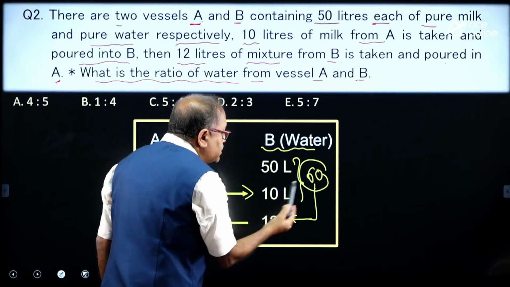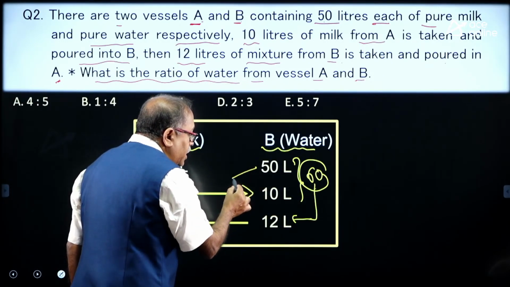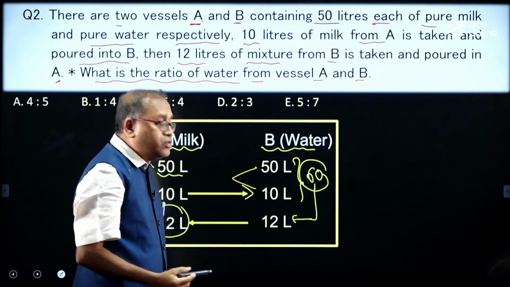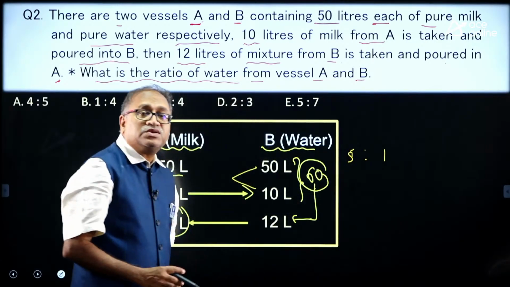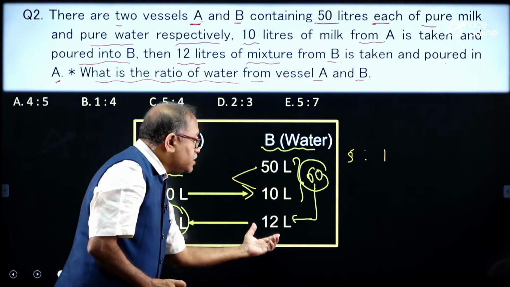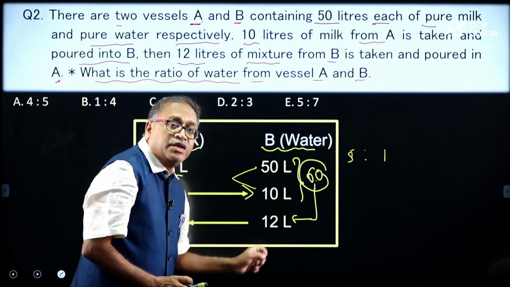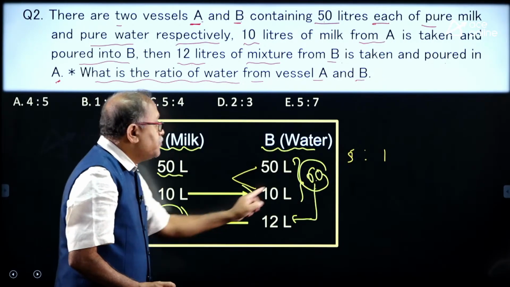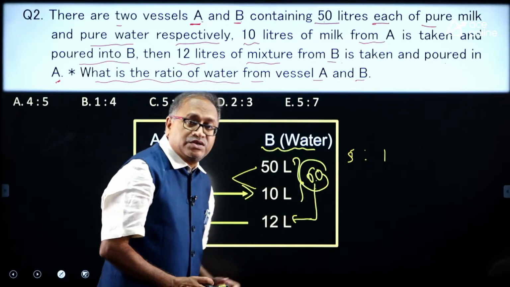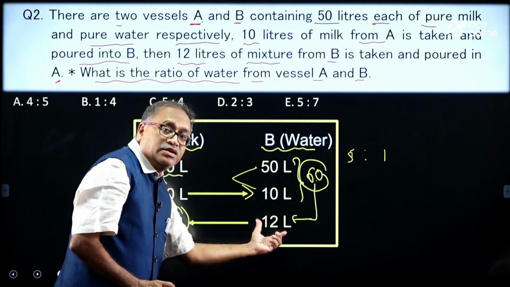Here, out of 60, the water and milk ratio is 5:1. So, when you are taking the 12 liters from here, how much water is going to A? 5 parts out of 6 parts in this 12 liters.